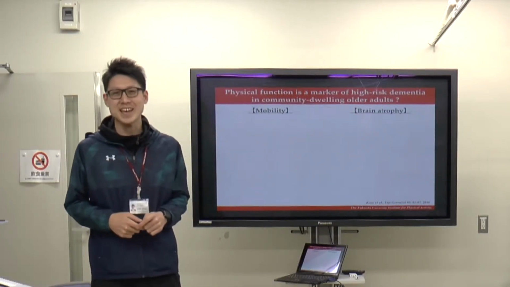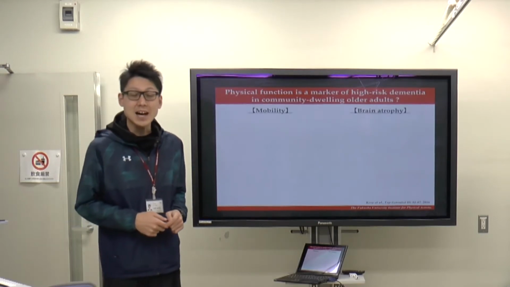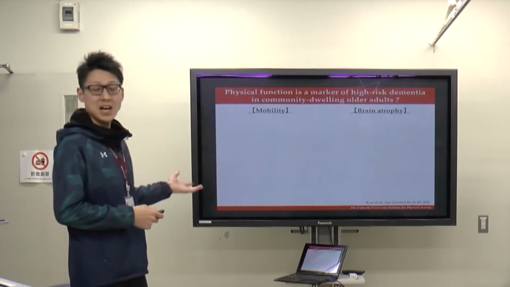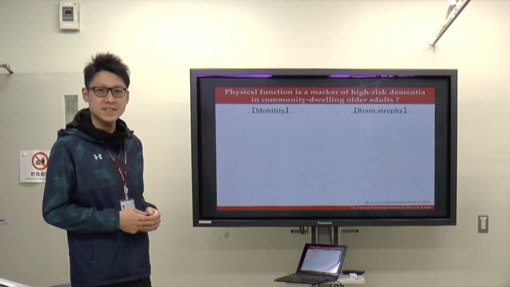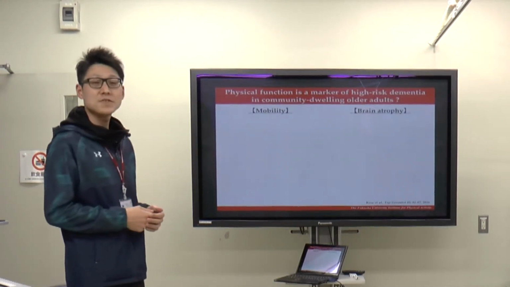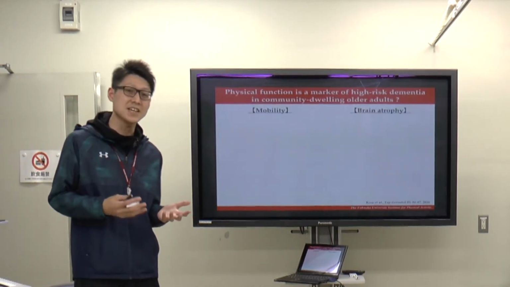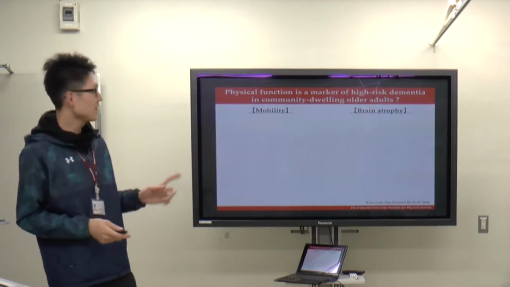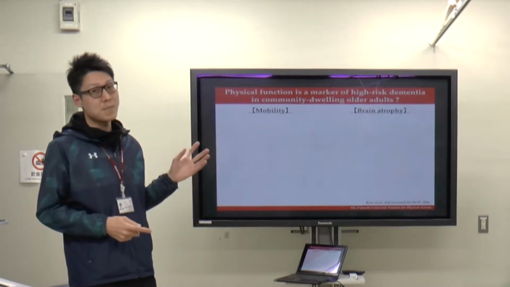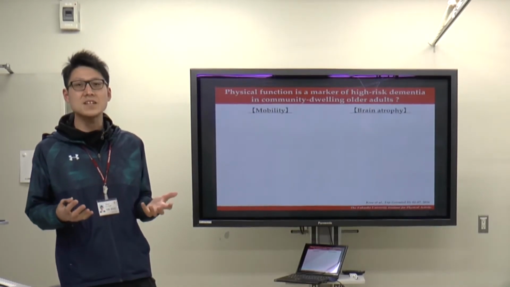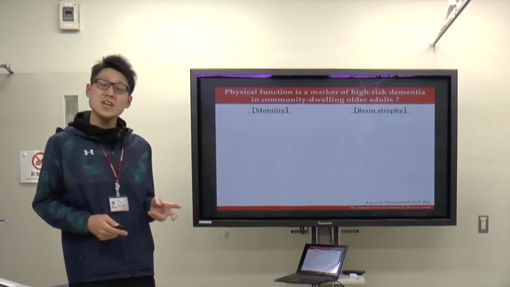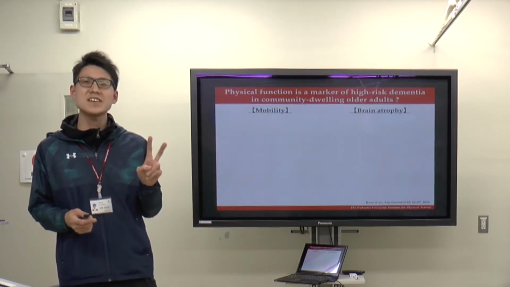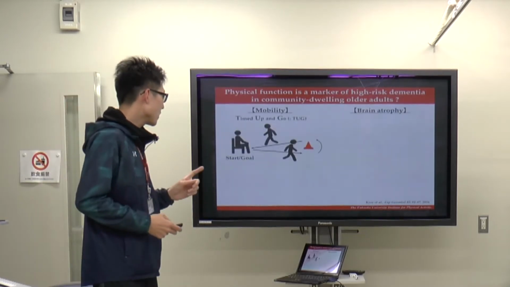I'm Yujiro Kose. Nice to meet you. I introduce our study in older adults. One of our study themes is whether physical function is a marker of severe dementia in older adults. We measured two indicators. One, mobility.